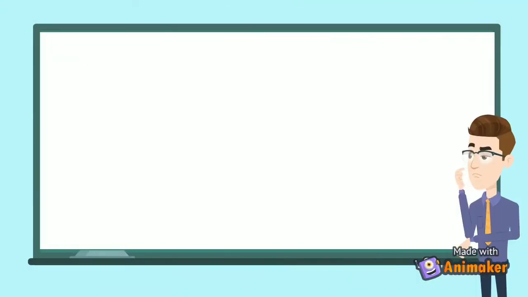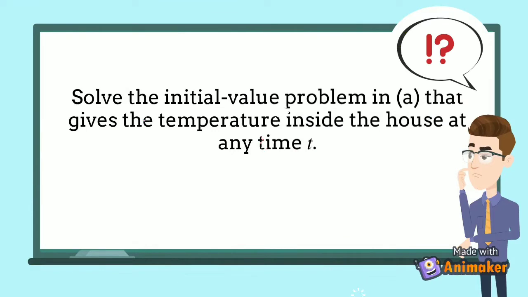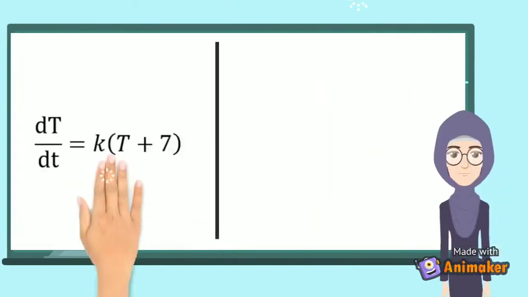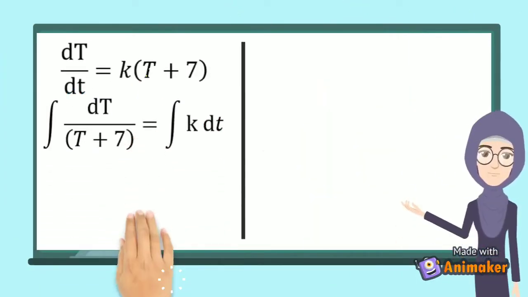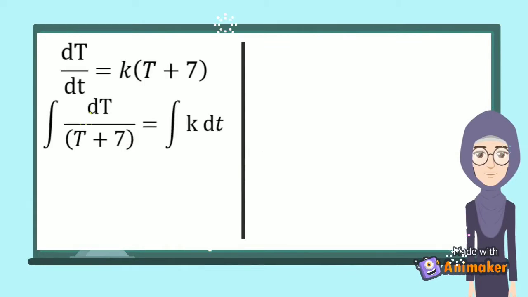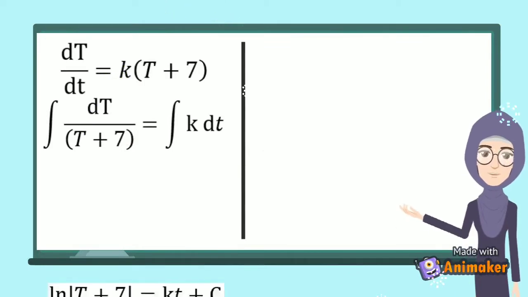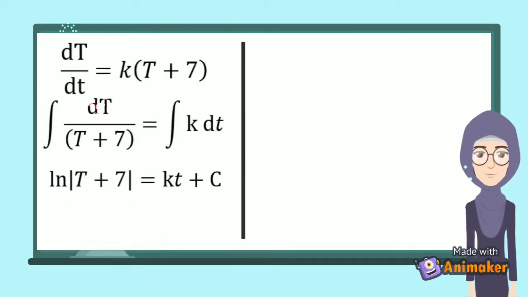For the next question, solve the initial value problem in A that gives the temperature inside the house at any time. To solve this question, we need to integrate both sides of the general equation, and by doing that, we get ln of T plus 7 equal to kt plus c, where c is the constant.